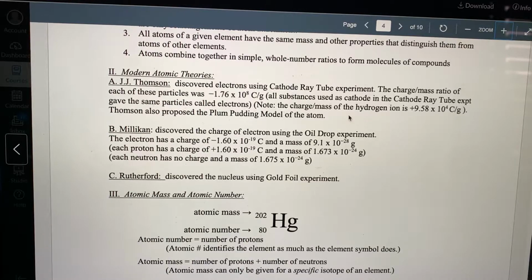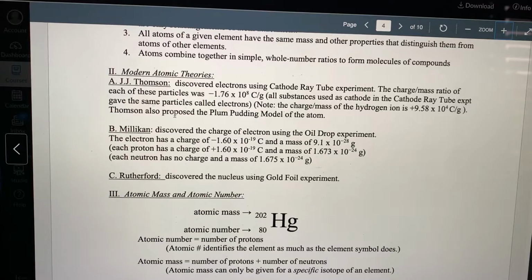Notice that for hydrogen it is positive. So electrons are negative, and the hydrogen ion is the proton. When you kick out the electron, it's positive. It's 9.58 × 10^4 coulomb per gram for the hydrogen ion.